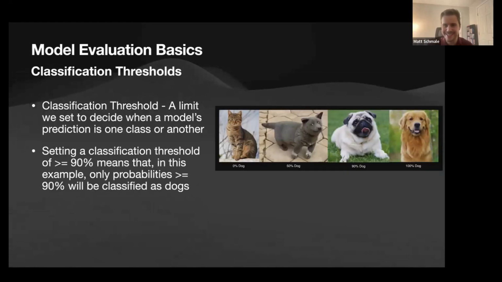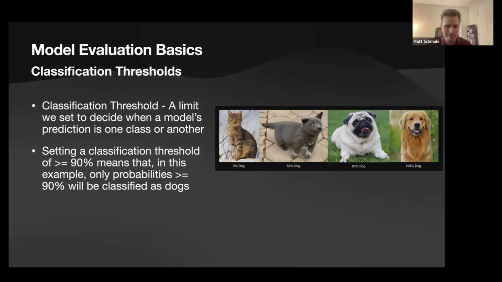So you'll see this kind of funny picture over to the right, of a scale of 0% dog to 100% dog. If we think back to what Rekognition is providing us, they're providing us probabilities and labels.